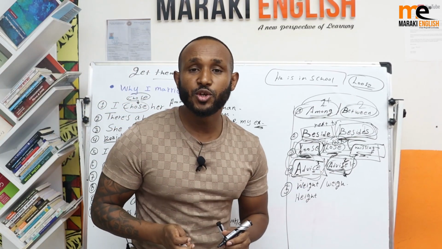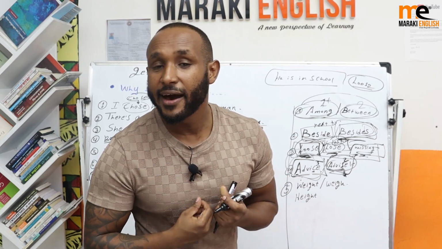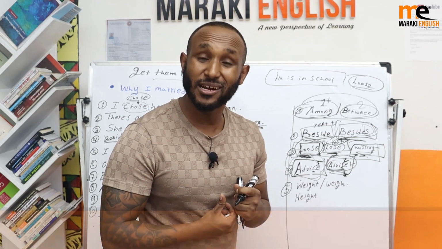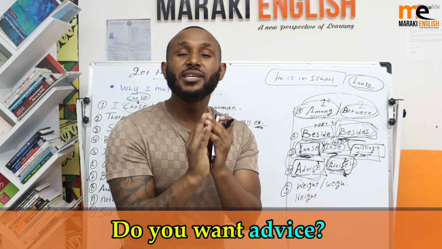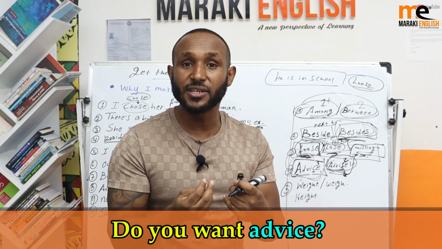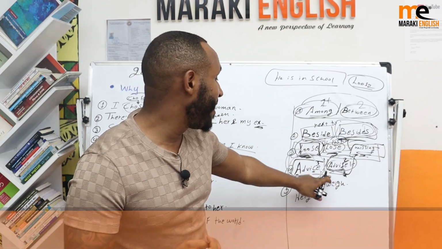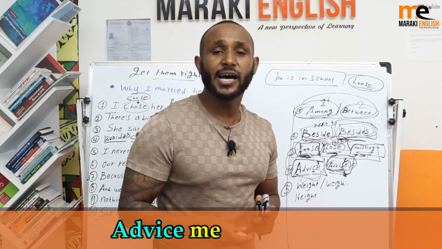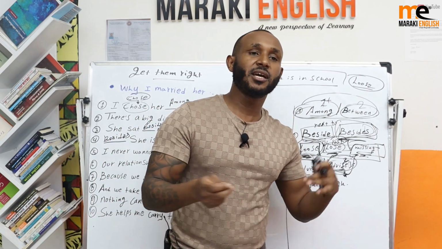Let's practice here. Do you want my advice or advise? Advice. Do you want my advice? Yeah, please, I want it right now. Advise me. That's why we add R and we say advisor. Financial advisor.